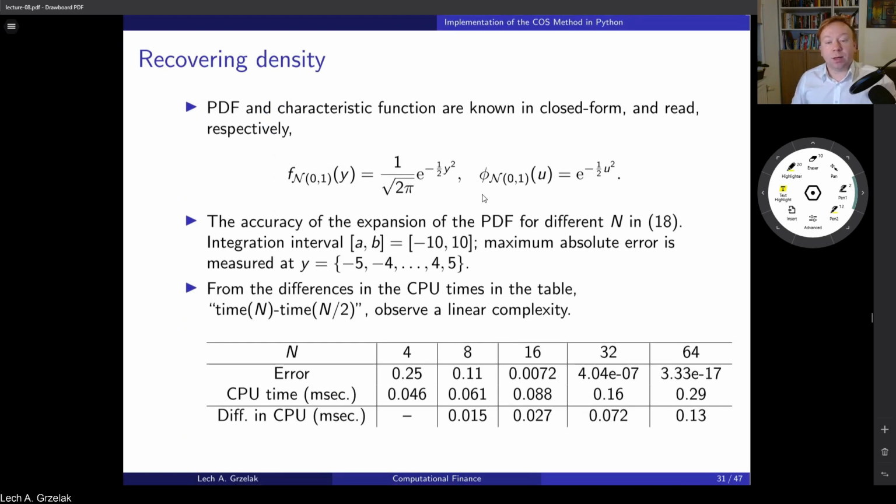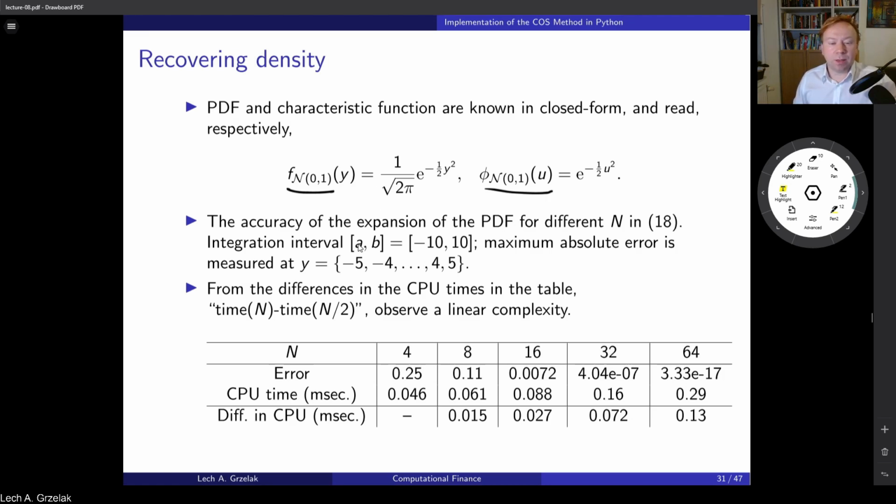Okay, now let's take a look at some experiment. In the numerical experiment, we will consider, again, a normally distributed random variable, with the following PDF, and of course, this will be its characteristic function.